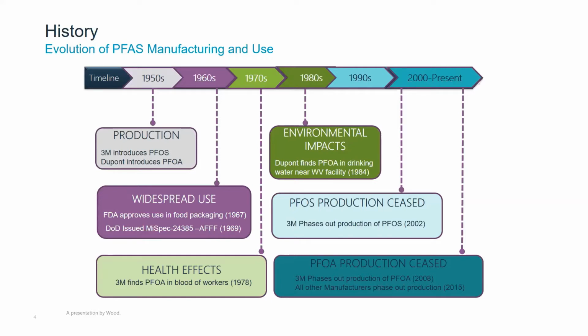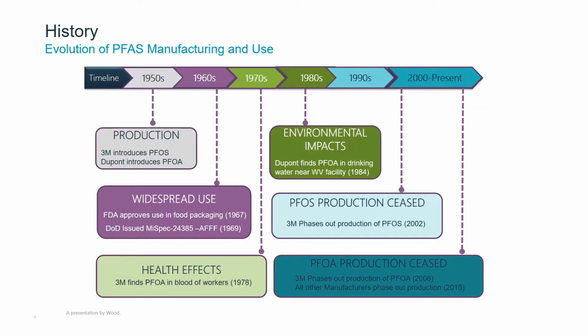So by the late 1970s, PFOA was detected in the blood of workers, and by the 1980s and 90s, it was detected in drinking water. And it started to be recognized that these were persistent organic pollutants. By the early 2000s, certain PFAS chemicals started to be phased out.